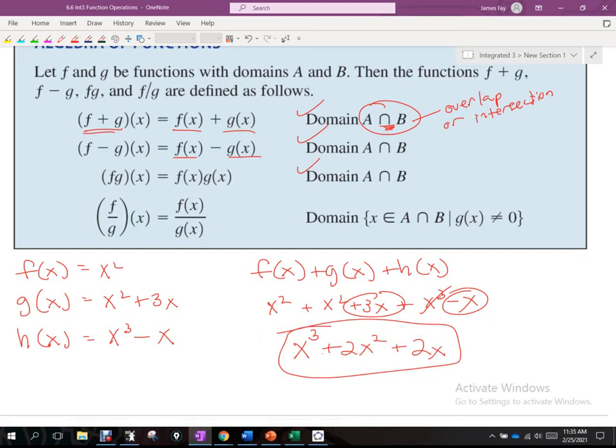But the next part of that question will say, what is now the domain of that new function? Well, it's the overlap of all of those domains of f, g, and h. So I want to make sure that we understand how to do that. I don't want to give you 10 questions, 1 point each, where you should get 10 out of 10, but you only get 5 out of 10 because you don't understand how they're asking that domain stuff. Okay? So that's what that's all about.